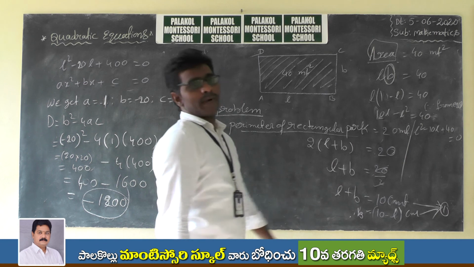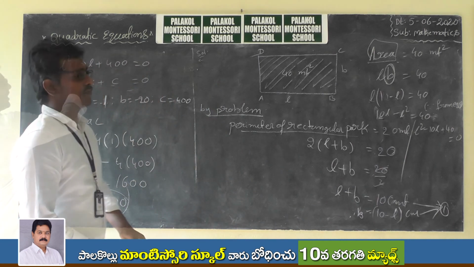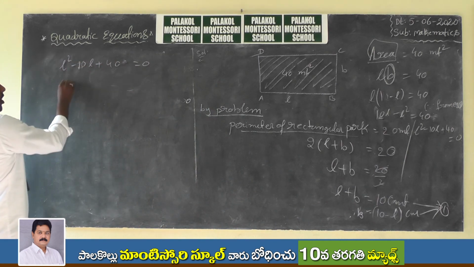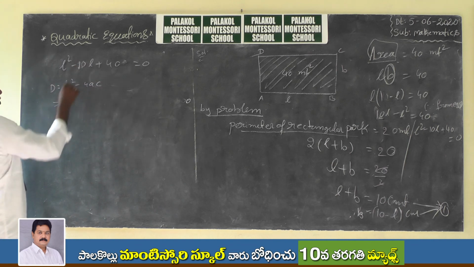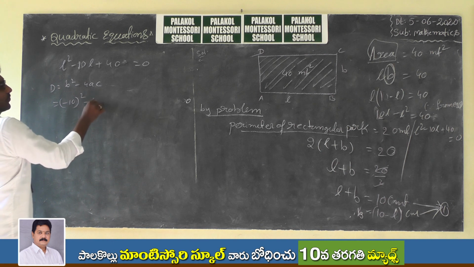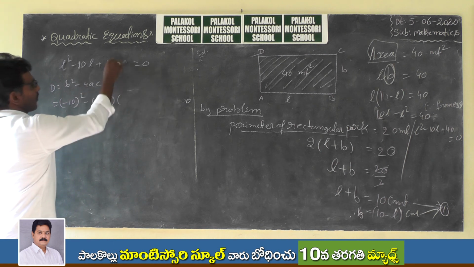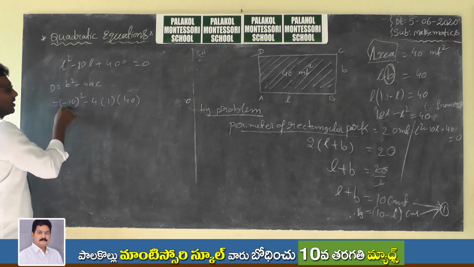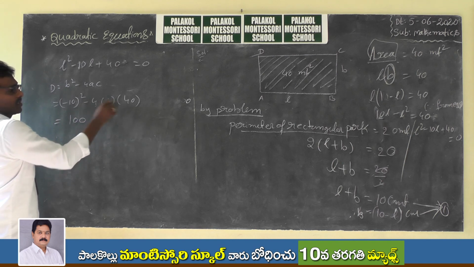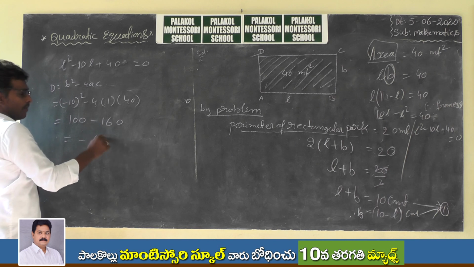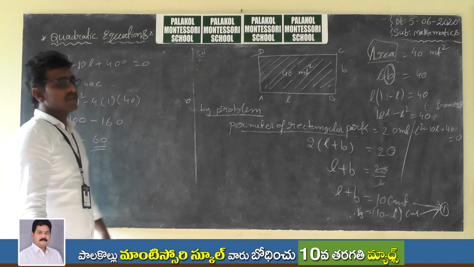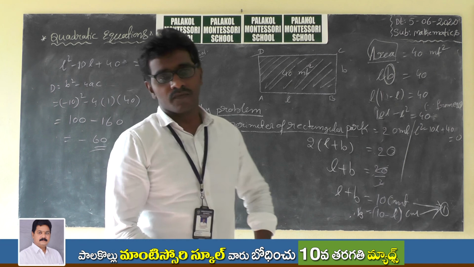So L square minus 10L plus 40. Now b square minus 4ac: minus 10 whole square minus 4 of a value 1 into 40. So this is 100 minus 160, which is minus 60. It is not possible to form the rectangular plot.